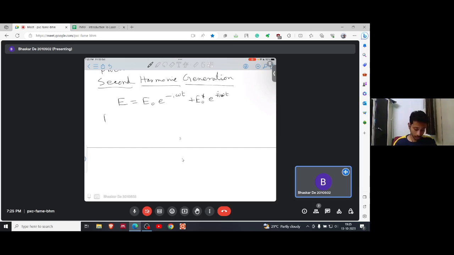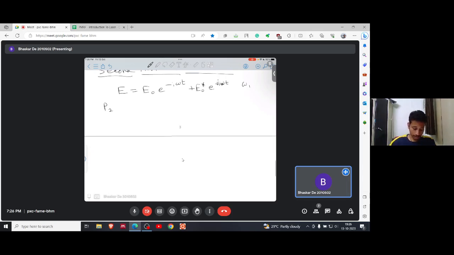Now assume an intense laser beam of angular frequency omega 1 is passing through a crystal having a non-zero second order polarization, or a non-zero value of chi2, such that the emerging beam from the crystal will have angular frequencies of omega 1, which was the input beam, and also omega 2, which is 2 omega 1, twice the frequency of the input.